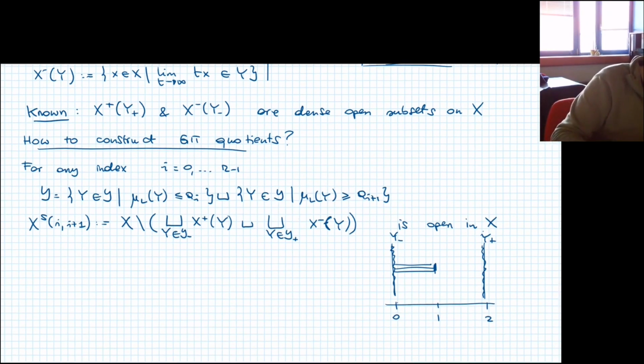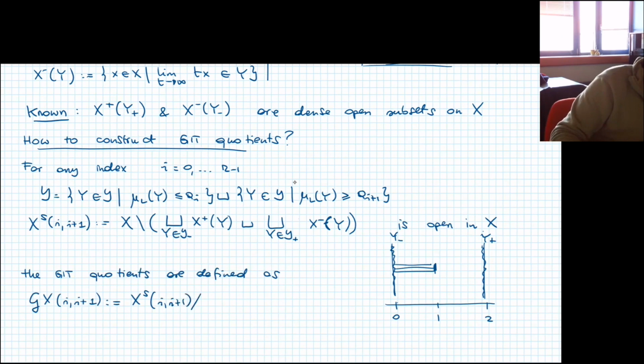And the GIT quotients are defined as this X_{i+1} over the action of C star. Rational number.